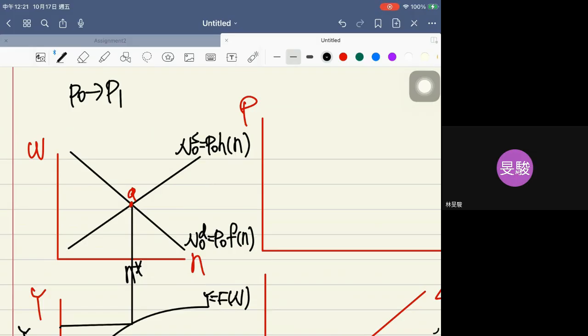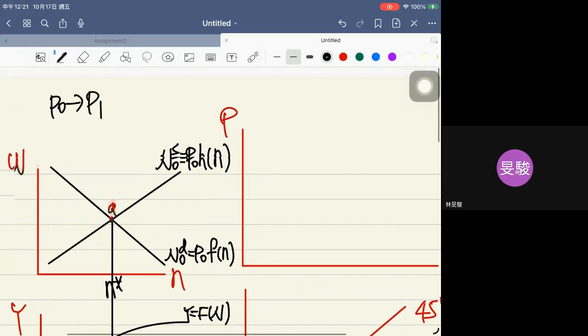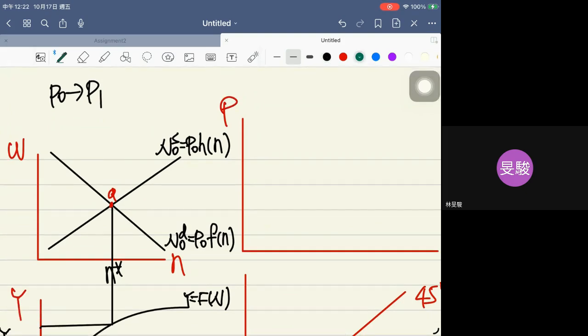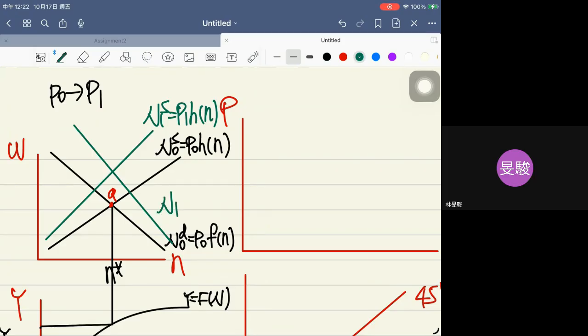The nominal labor supply curve shifts to NS1, so the supply shifts to NS1 equals P1 times H of N. And the demand also shifts to ND1 equals P1 times F of N, respectively.